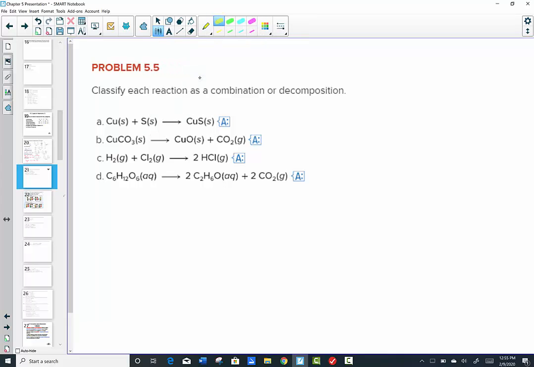In letter A, what I want to see is if the one substance is on the reactant side or is it on the product side. I can see that the one product on the right-hand side made this a combination pattern, that copper and sulfur combined to make a single product.